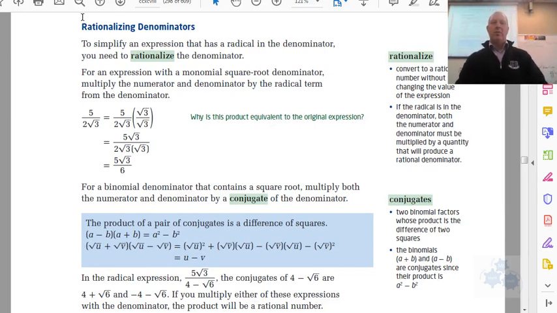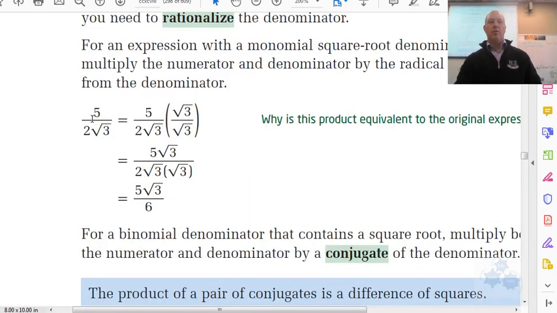And we're talking about rationalizing specifically the denominators. So you guys hopefully have seen this before, but let's focus on it right now. If we want to rationalize a denominator, that means we want to make the denominator rational. So if it's irrational, for example, 5 over 2 root 3, there's a radical in the denominator.